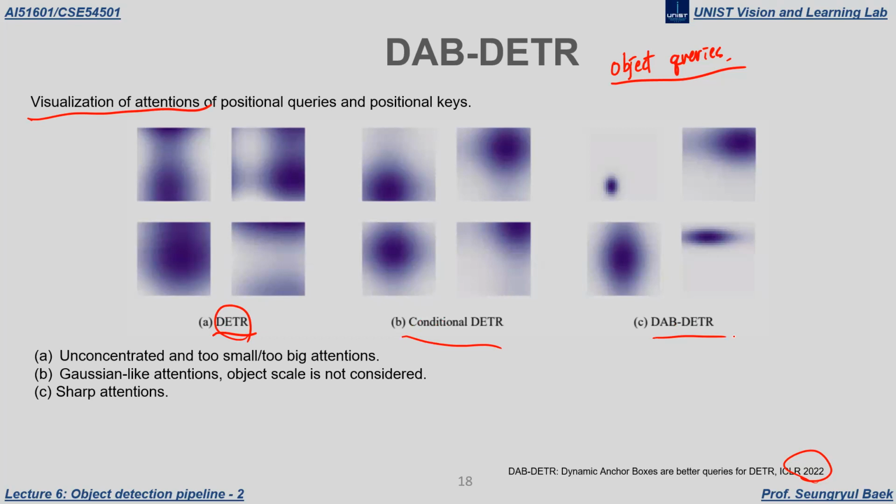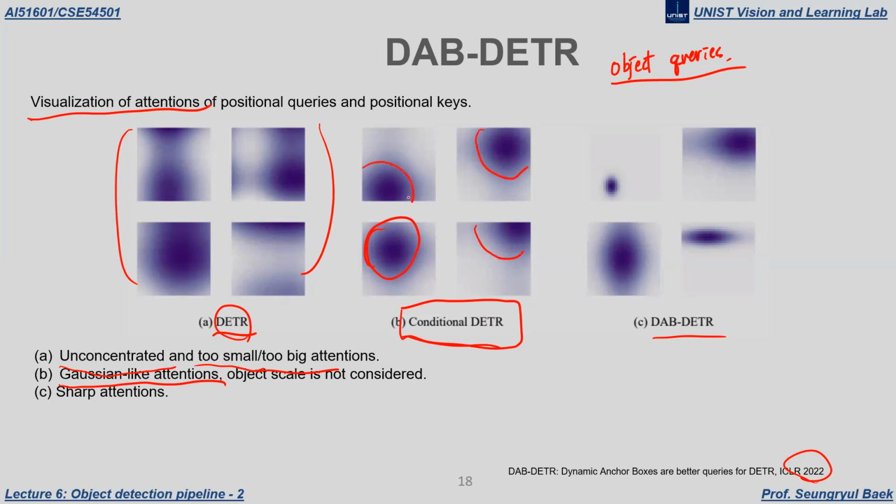This is the attention of DTR, and they are saying that it is unconcentrated and has attentions that are too small or too big. The conditional DTR is better than DTR. However, its attention is more like a Gaussian distribution, and it is a circle, right?